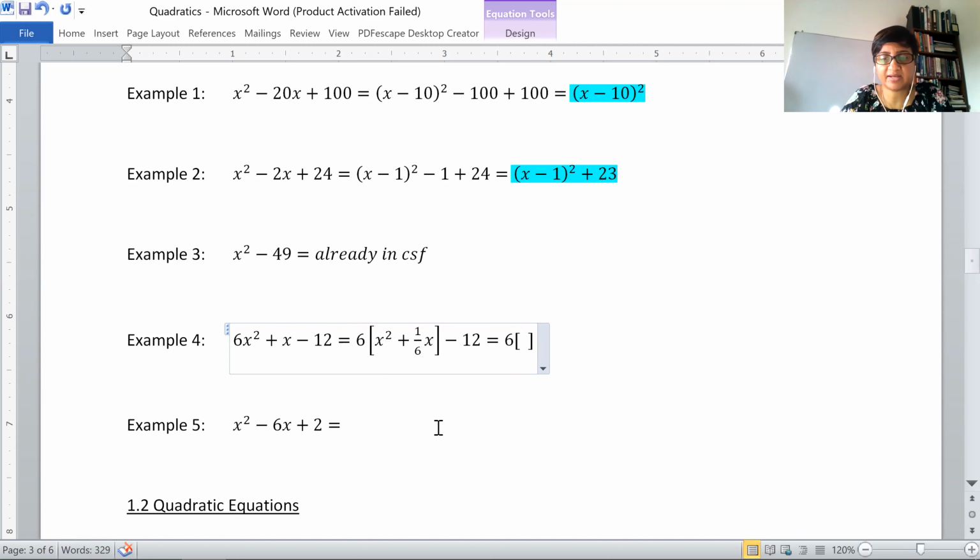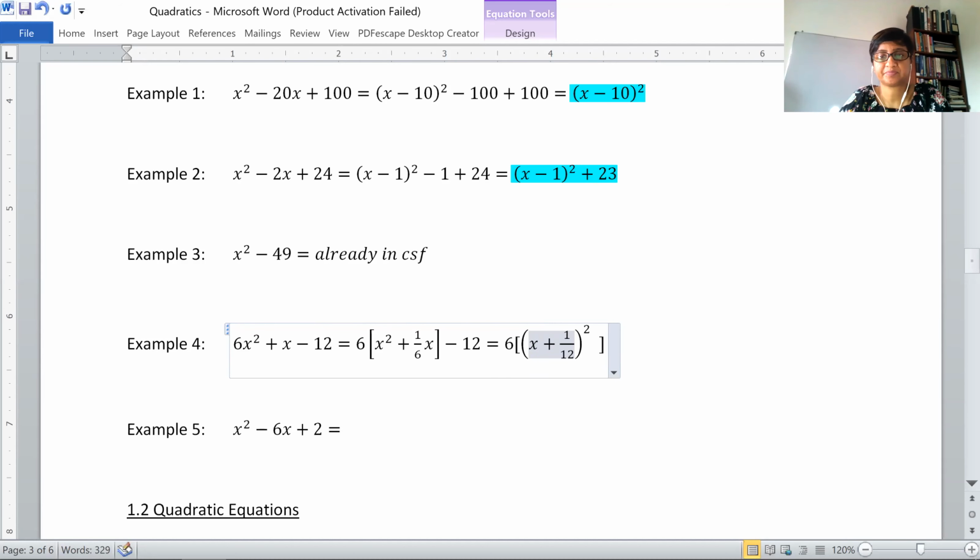Inside the square bracket, I'm completing the square. What am I going to have in the square? x plus, what is half of 1/6? Half of 1/6 is 1/12. And then I have to minus a piece that is 1/12 by 1/12.